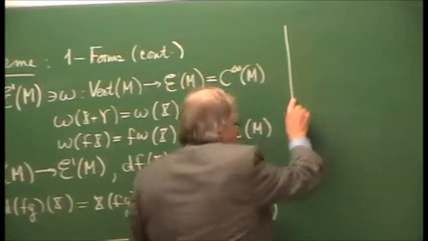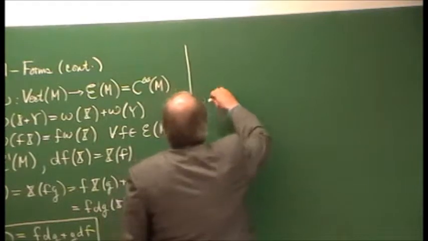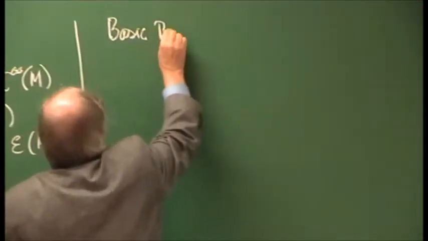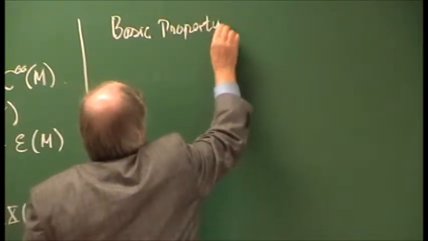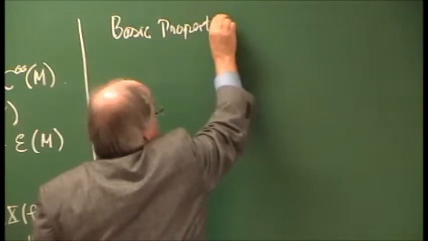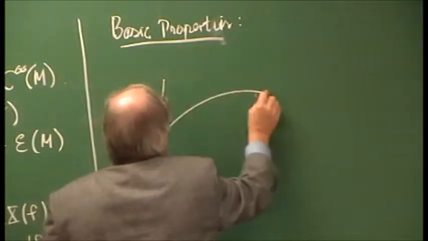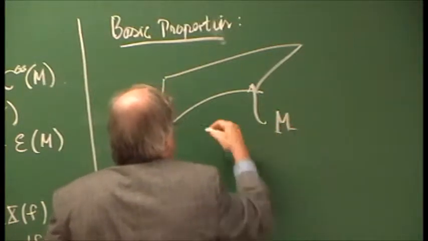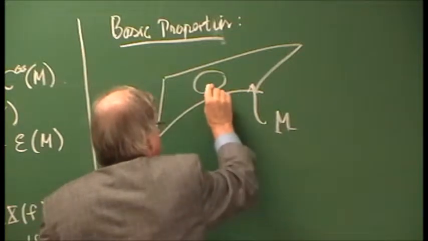What I would like to emphasize are some basic properties that I mentioned the last time. One is that it makes sense to restrict a one form to open sets. So it's the usual picture that I'm drawing. You have a manifold, and this is a global thing, but you may want to restrict to an open set.